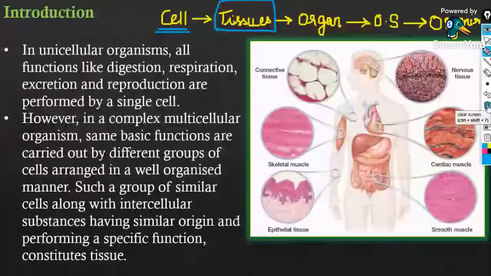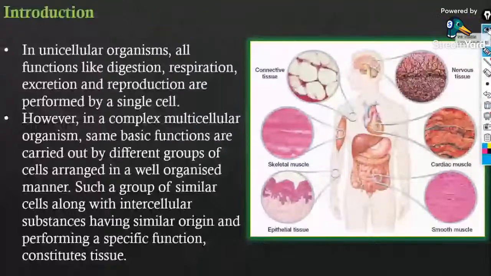In unicellular organisms, all the functions like digestion, respiration, excretion, and reproduction are all performed by a single cell. Right, guys? In unicellular organisms, there are no specific structures or organs for respiration, digestion, reproduction.